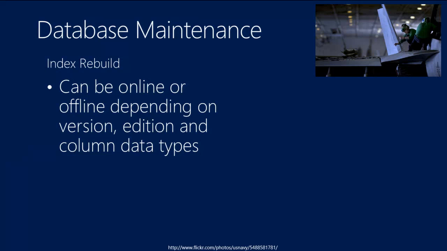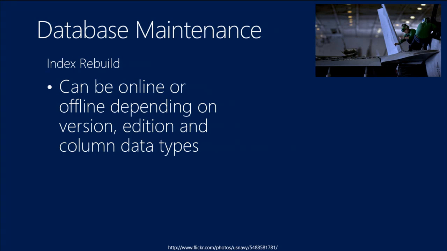If you're using SQL Server 2005 or newer, all the way up through SQL Server 2014, if you're using the Enterprise edition of SQL Server, then you can do online index rebuilds, usually. So there's some caveats here.